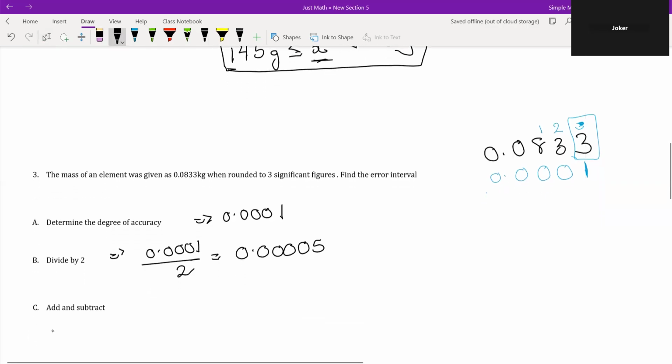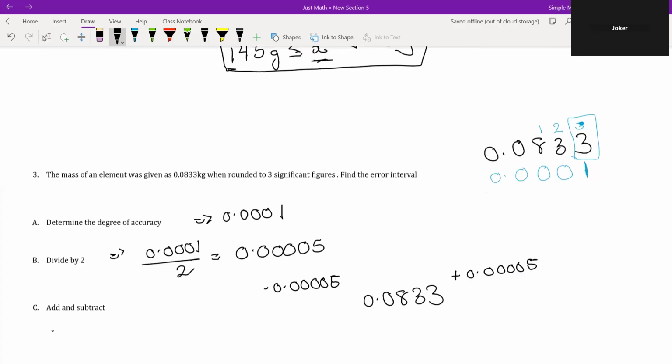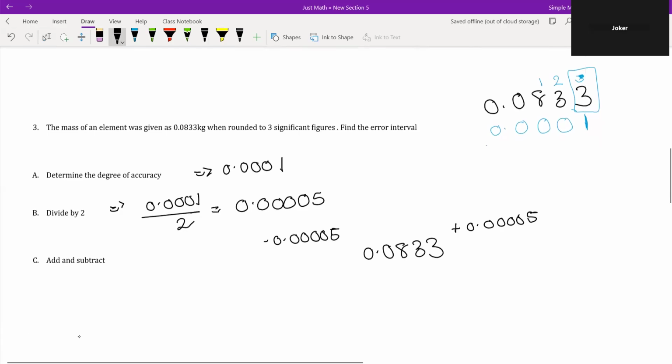So we have 0.0833 plus 0.00005, and we can have minus 0.00005. Let me do it with you manually. If I write 0.0833 minus 0.00005, I can add an extra 0 here, because there's nothing after the 3, I can just assume it's 0.